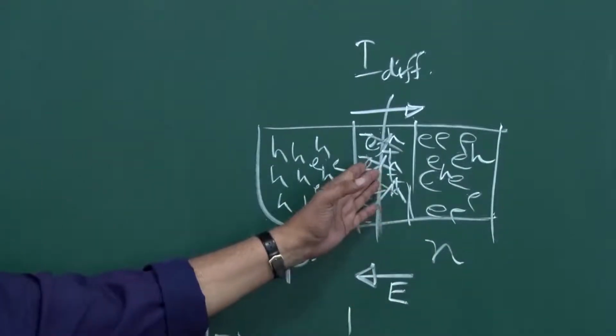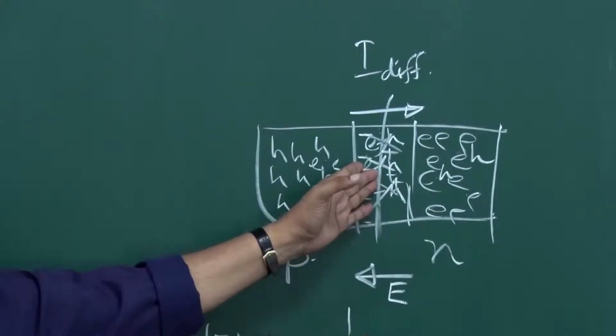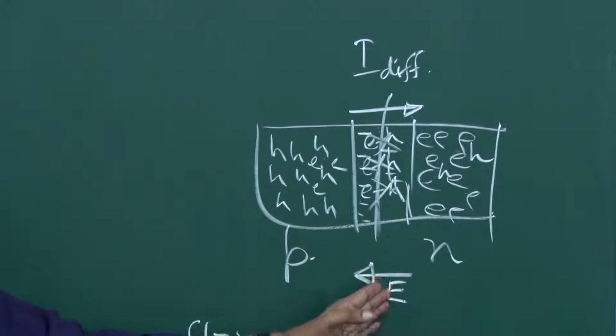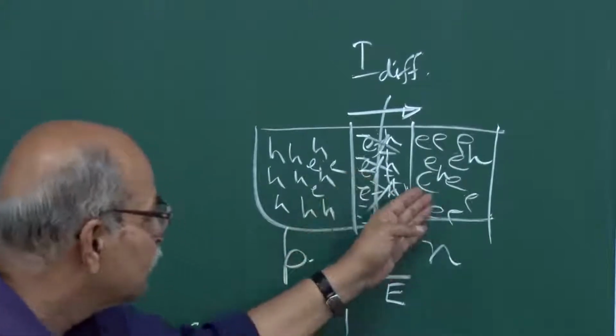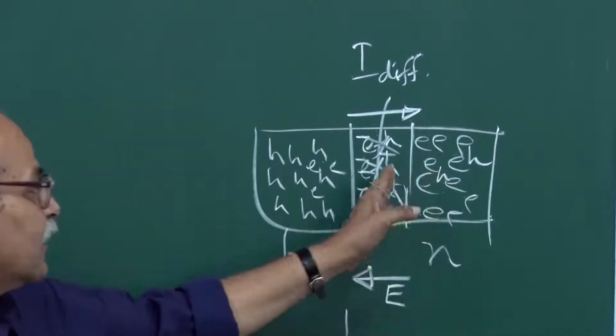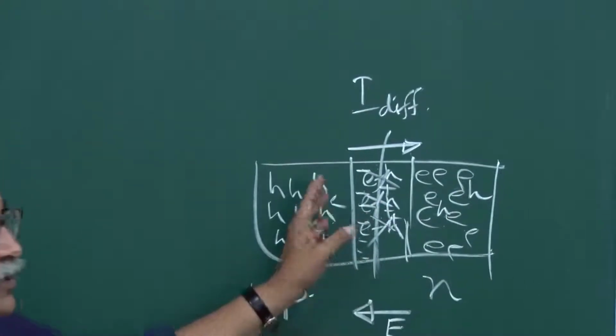As soon as this EH pair is created, this electric field will exert force on this newly created electron here, and that electron will be pushed to this side and the holes will be pushed to this side. So that mechanism also you can understand from here.